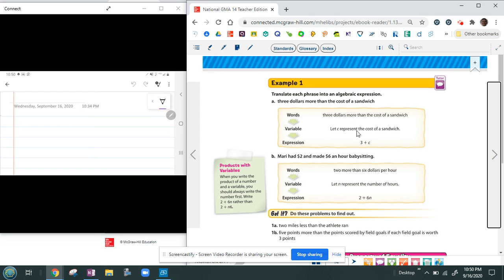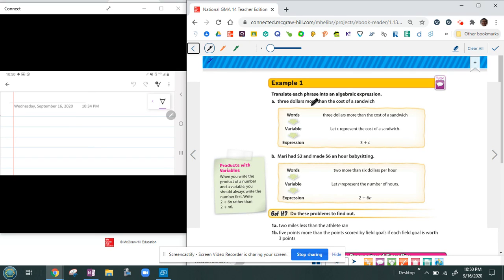Now, I do not like the order they put this in. Whenever you see more than or less than, you take the value that's in the beginning and the value that's at the end, and you flip-flop them. 3 more than the cost of a sandwich, I would prefer it written as C plus 3.